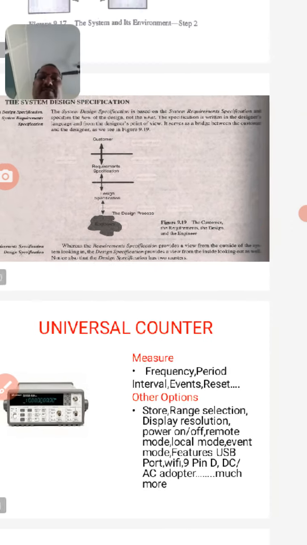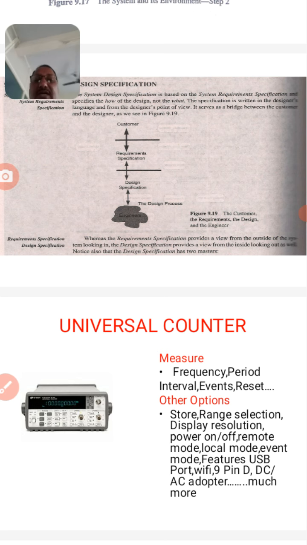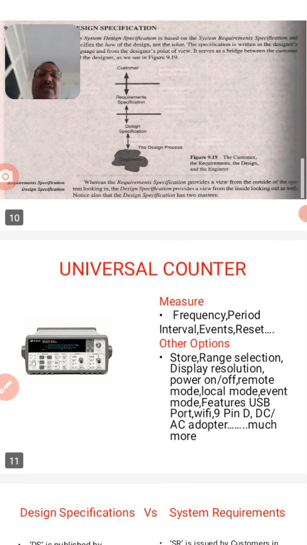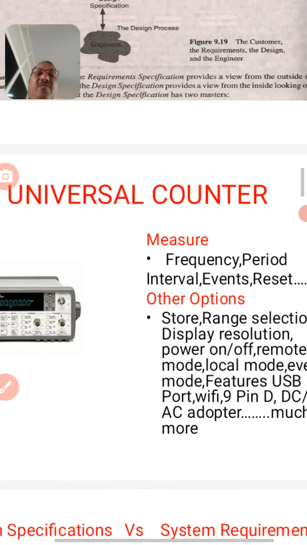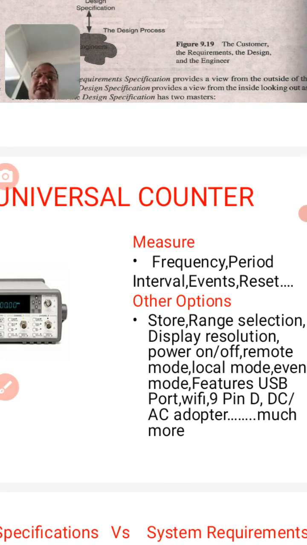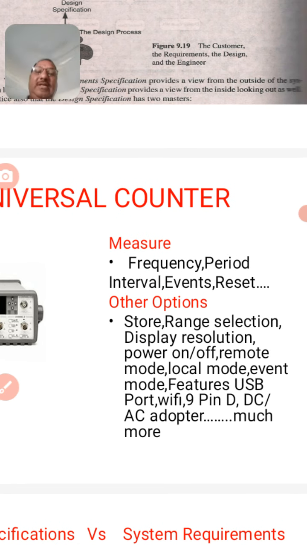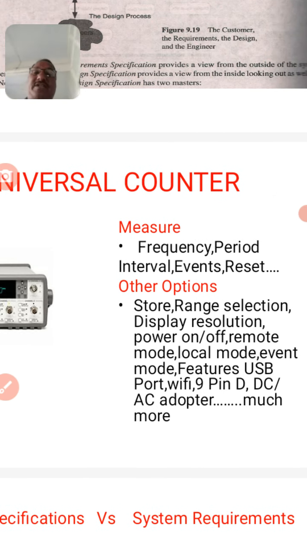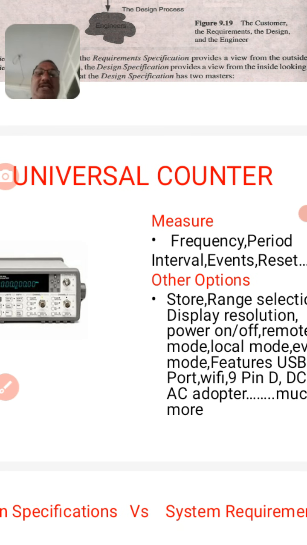Consider the example of a universal counter. As far as a universal counter is concerned, what is measurement? Frequency, period, interval, events, or reset facility. These are the minimum system requirements of a universal counter.